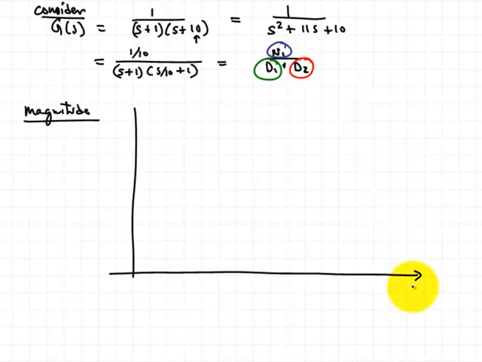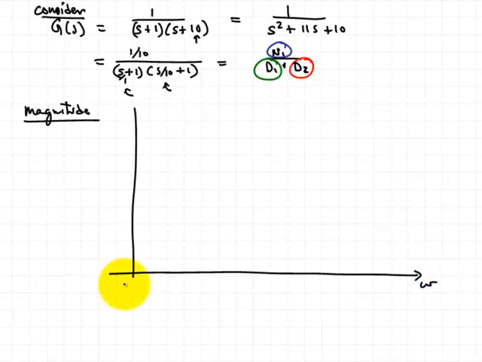What you look at is where the break frequencies are here. We have something at 1, right? Or let's actually write this more explicitly. We have s over 1, so I have 1 and I have 10. If you're looking at how to scale the omega axis, where should I put my limits? Well, things are happening around 1 and around 10. So let's make sure that those fit right in the middle of our graph plot and that we can go at least a decade, if not 2 decades, below and above that.